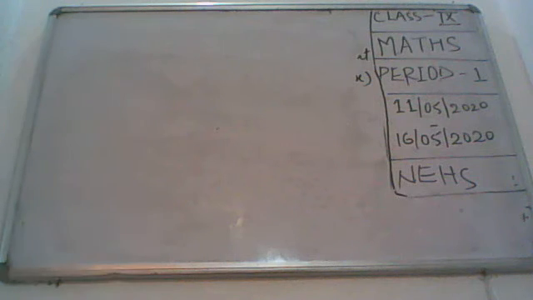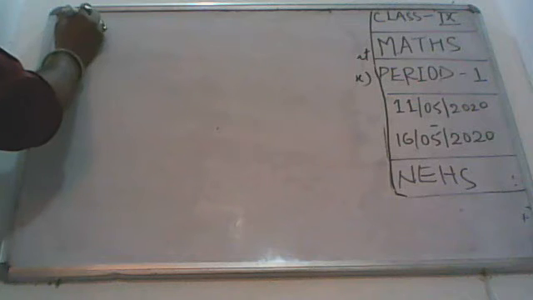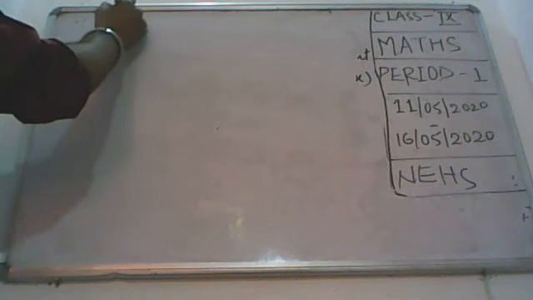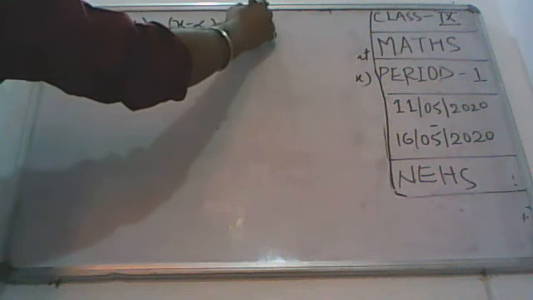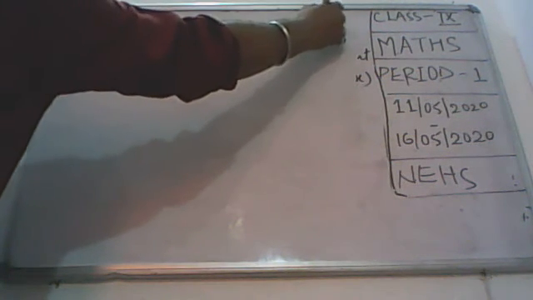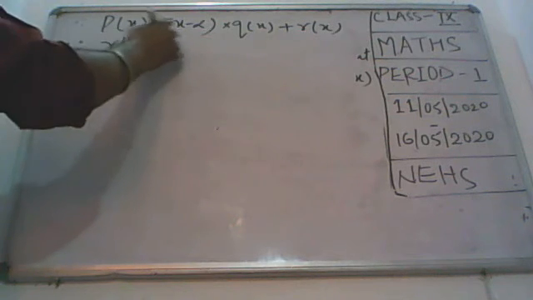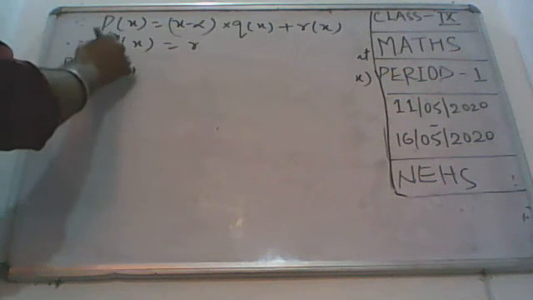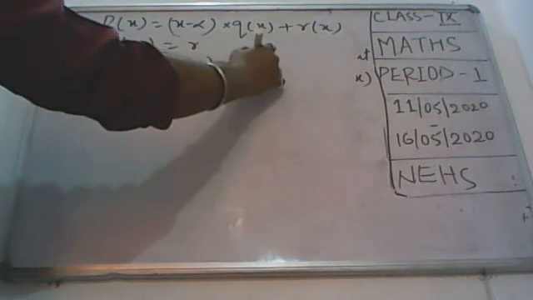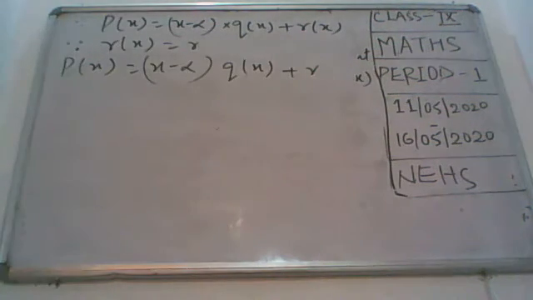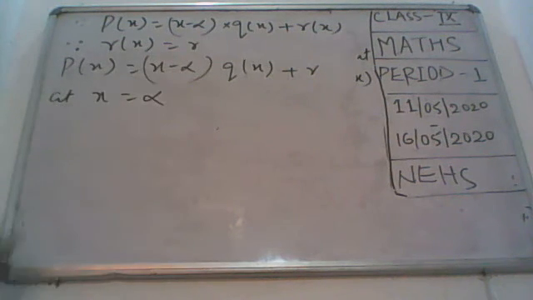Okay. Now what? Since P(x) is equal to (x minus alpha) times Q(x) plus R(x), and now we have decided that R(x) is equal to R, so P(x) becomes (x minus alpha) times Q(x) plus R. At x equals alpha, wherever x is there, I will replace it with alpha.